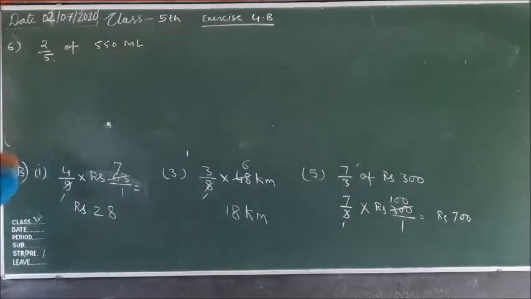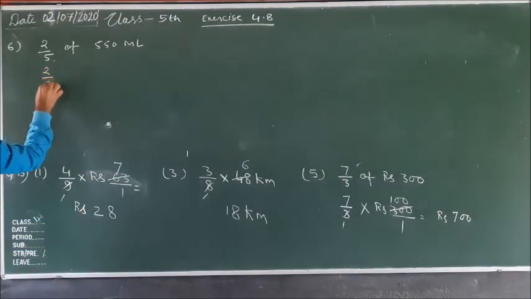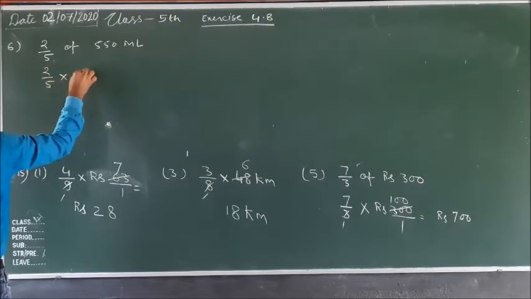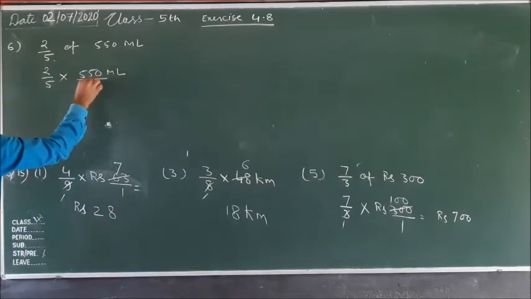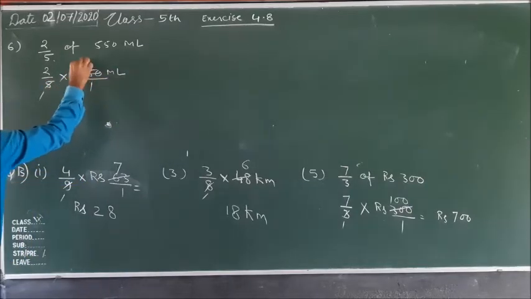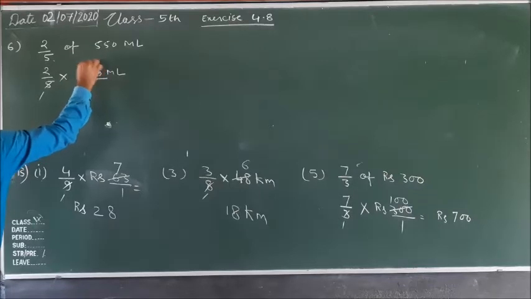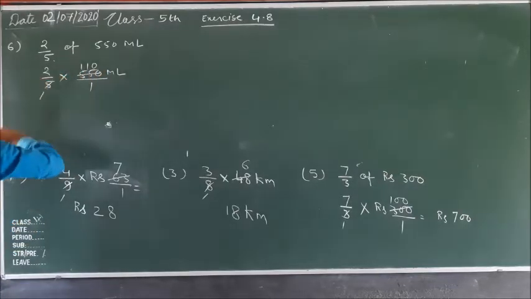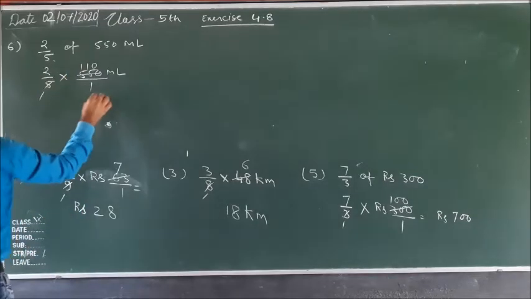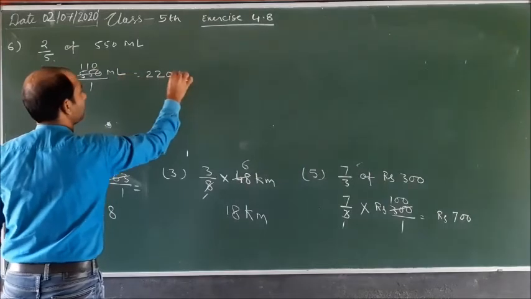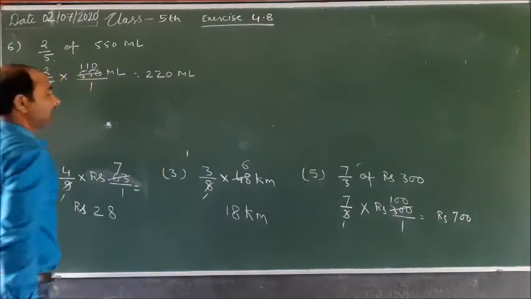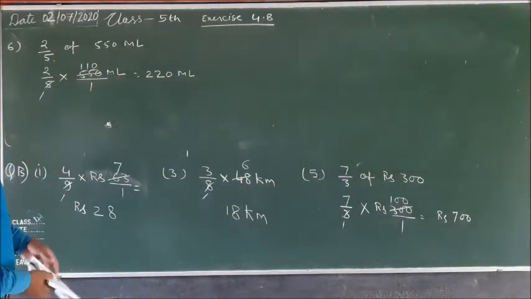So in place of 'of' we put the sign here, 2 upon 5 multiply 550 milliliter. Now divide it. 5 on the 5, 5 on the 5, 5 0 0, and 110 multiplied by 2. 11 twos are 22 and 0. This is milliliter. So write here milliliter. 220 milliliters.